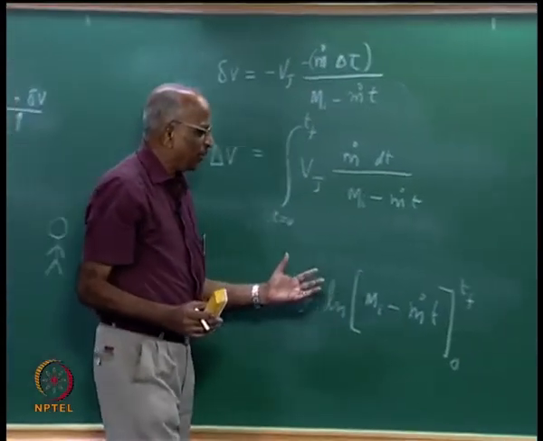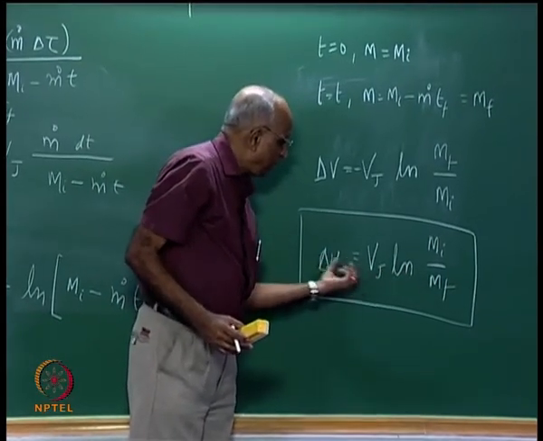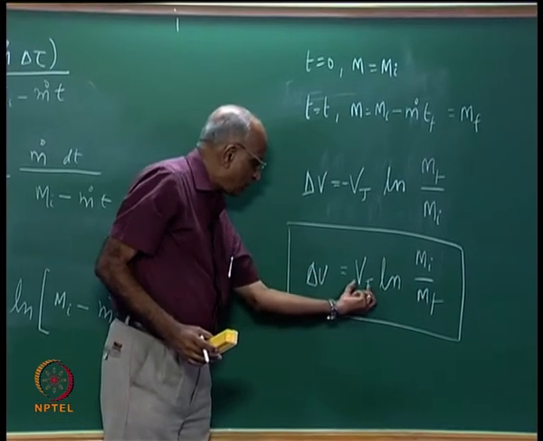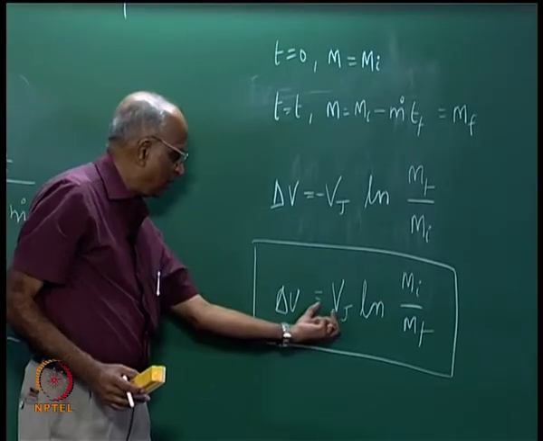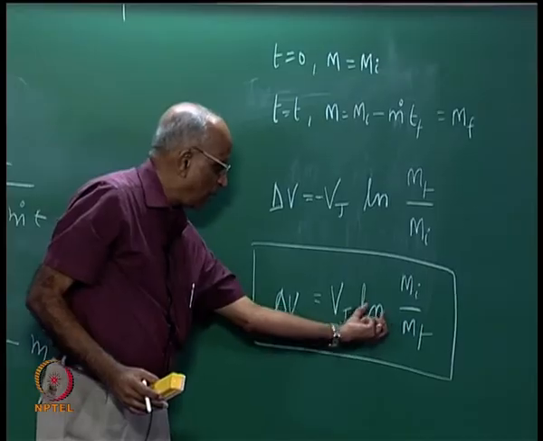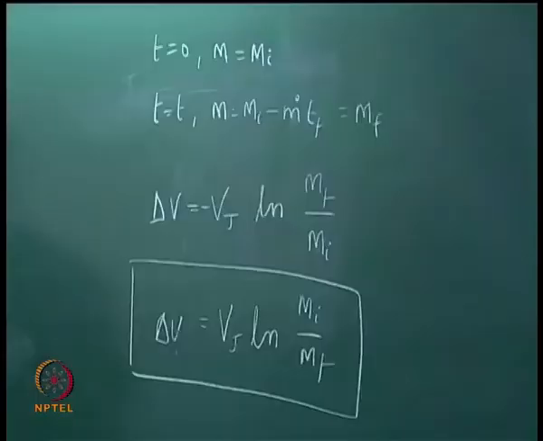All that the rocket equation tells is, when I burn a quantity between the initial value and the final value, and I am exhausting it out at a constant velocity Vj, the final velocity is equal to the velocity with which I am ejecting matter out into logarithm of the initial mass to the final mass, and this is what we call the rocket equation.